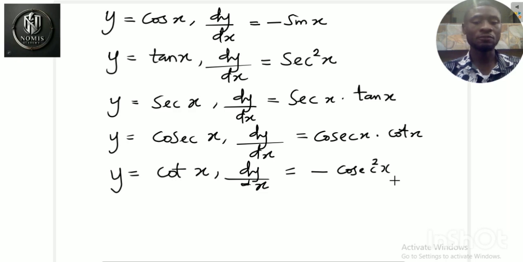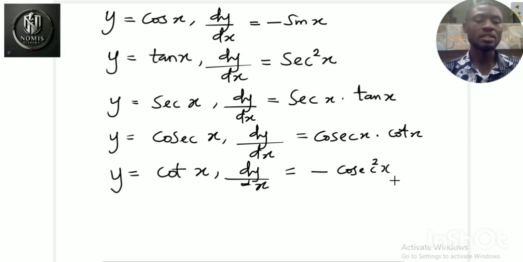And the fifth one says cosec x. If you differentiate cosec x, you will have minus cosec x multiplying cot x.